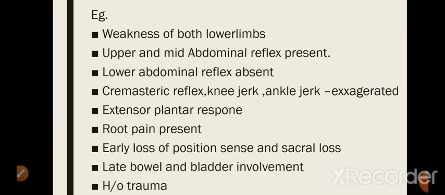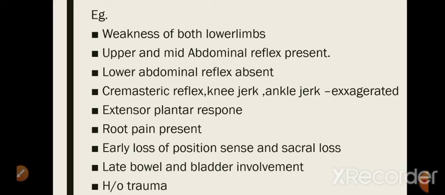Absent means it's an LMN type at the level of the lesion, and below the level it will be a UMN type. The root of the lower abdominal reflex is T11 to T12, so the level of the lesion is at T11 to T12.